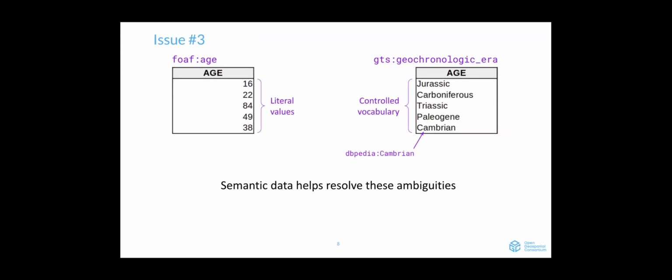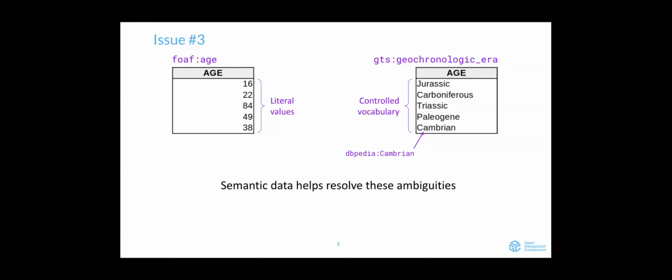And in the case of geochronological eras, in the case of geological ages, we have control vocabularies. Not everything is allowed. By using semantic data, we can make the distinction between those two things.